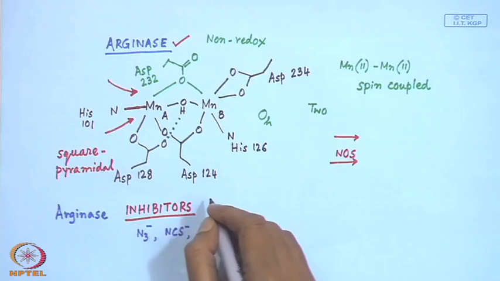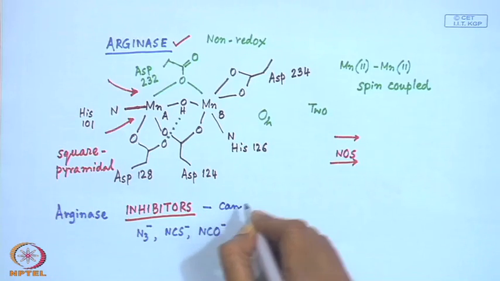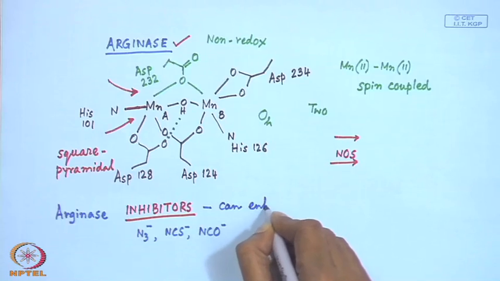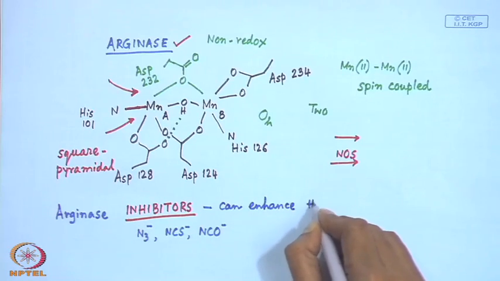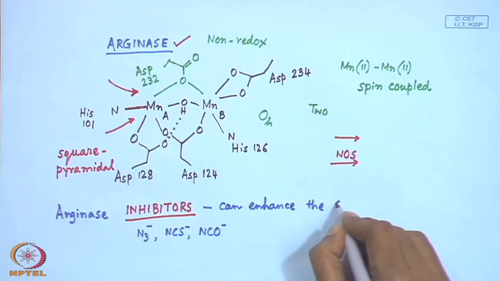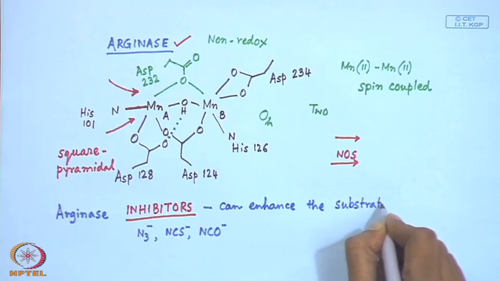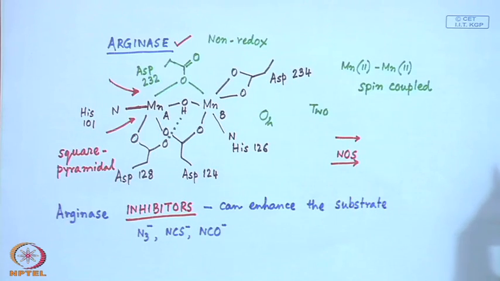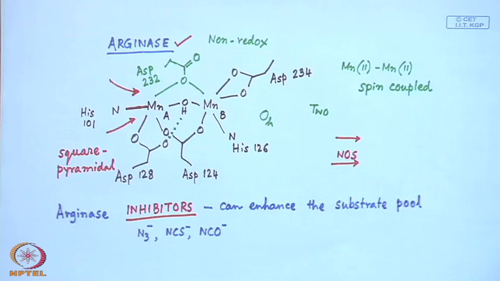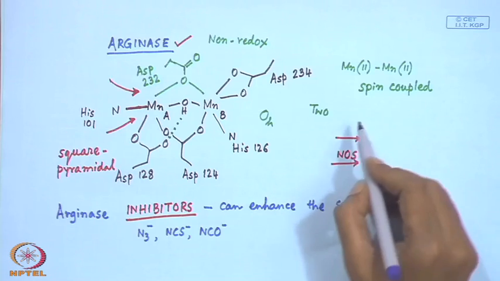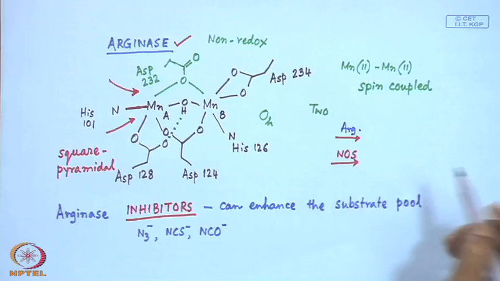So, when we put these arginase inhibitors, what will happen? It can enhance the substrate pool, that means the concentration of the available substrate, which is there in the central pool, available for arginase activity as well as NOS activity.